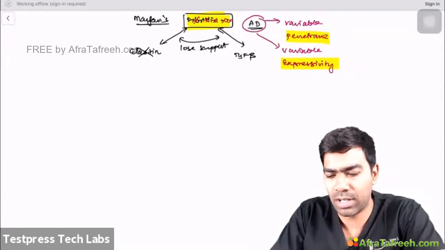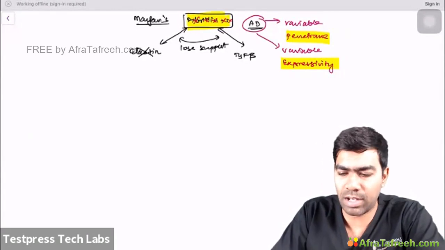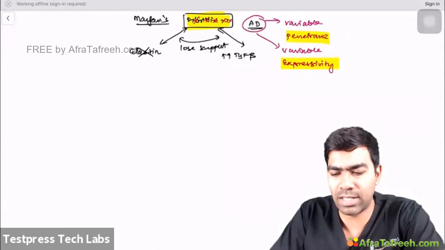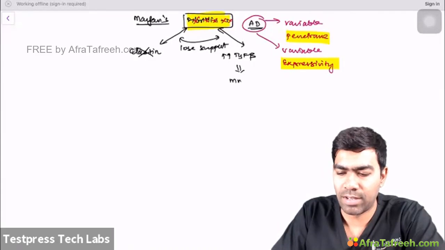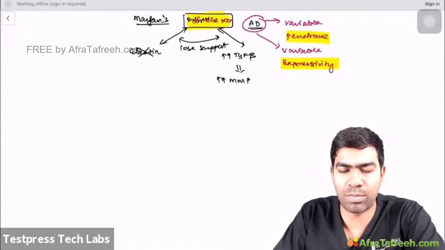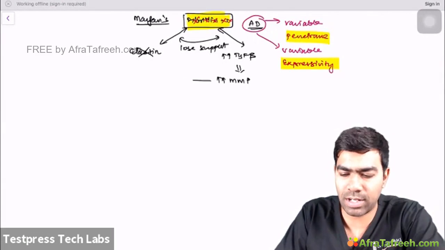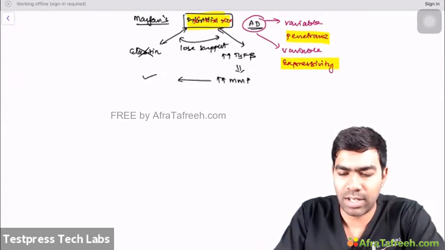Elastin cannot be there without fibrillin, and there will be increased amounts of free TGF-beta. This increased free TGF-beta will result in increased production of matrix metalloproteinase. Once matrix metalloproteinase increases, they cause more disruption of the elastin.